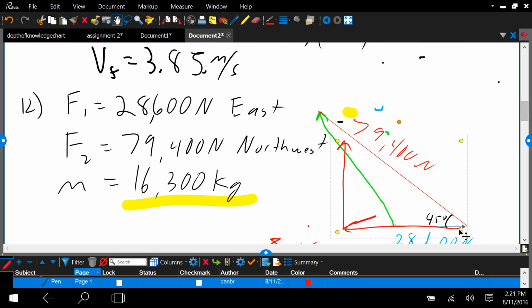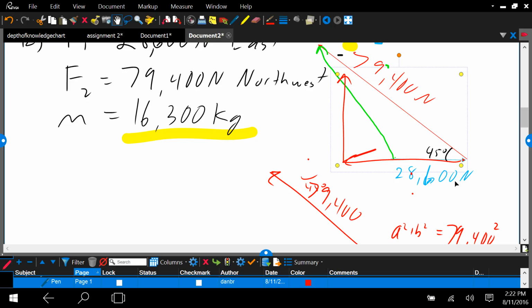And I can see that the 56,144 is much farther over to the left than that blue 28,600 was to the right, if you can see that there. Okay, so the red is longer than the blue.